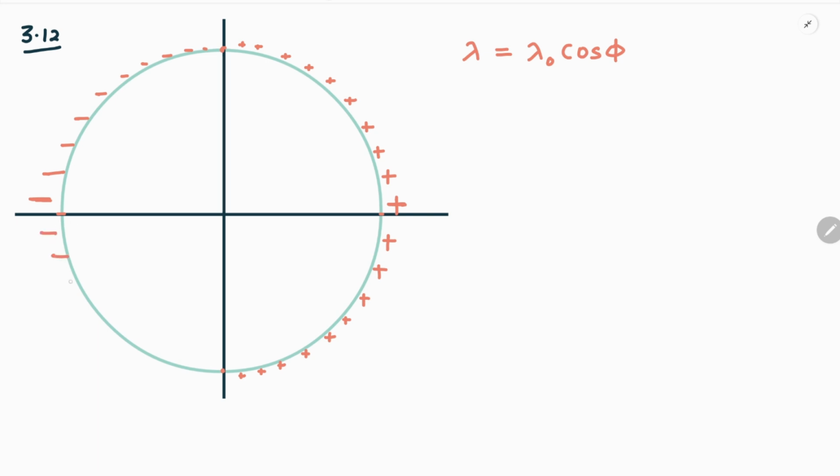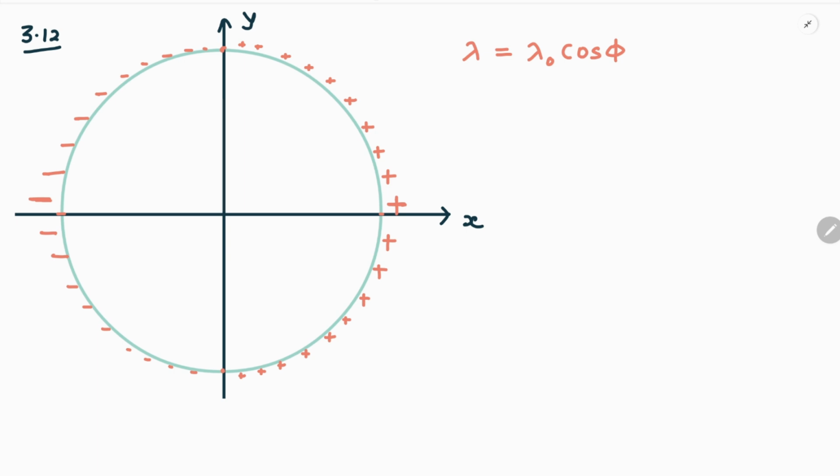So this is the first thing we need to understand whenever we are understanding this particular charge configuration which the problem is stating for us to calculate.